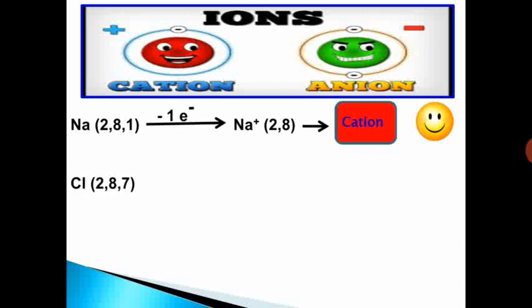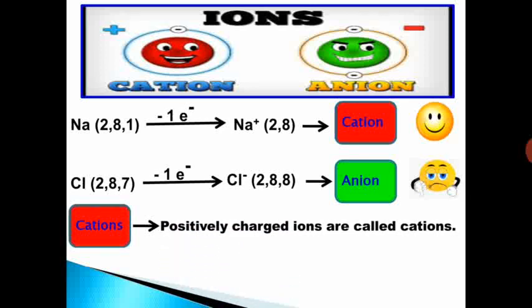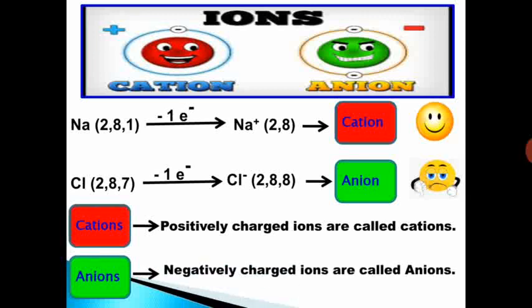But chlorine borrows 1 electron, becomes a recipient or borrower, and carries a negative charge. You can see in the picture, and these negatively charged ions are called anions. So what are cations? Cations are the positively charged ions, and anions are the negatively charged ions.